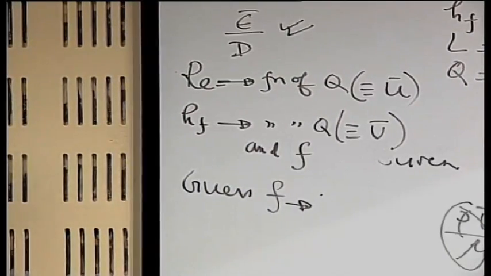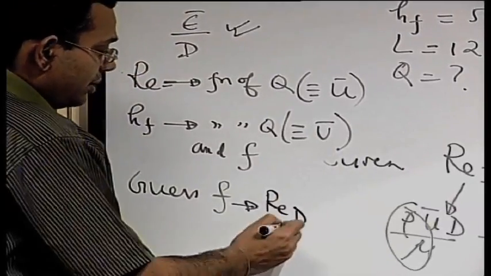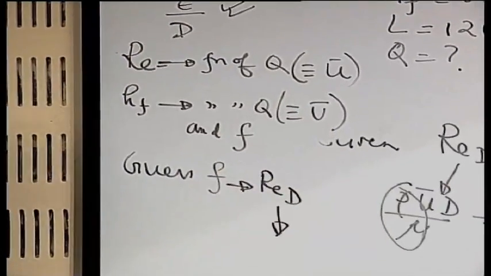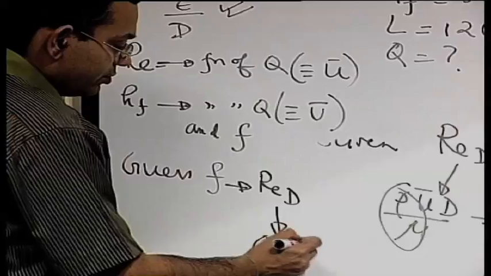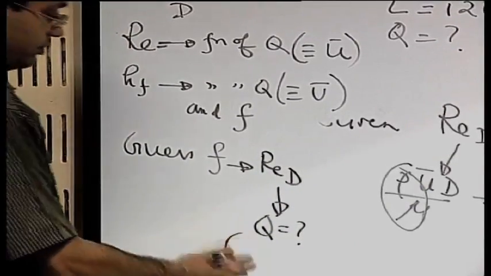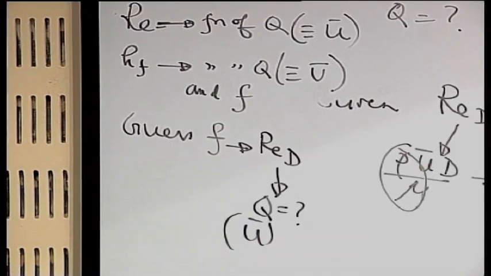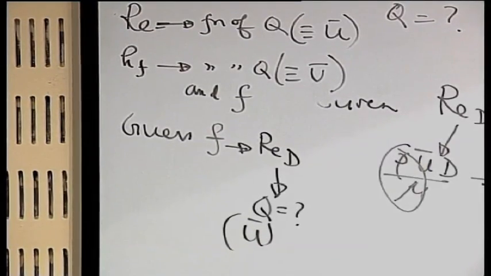You can find out the Reynolds number, that which will give the Reynolds number. From that Reynolds number what you can calculate? You can calculate the q, right, or the average velocity. When you have calculated the average velocity, then how would you improve your guess?